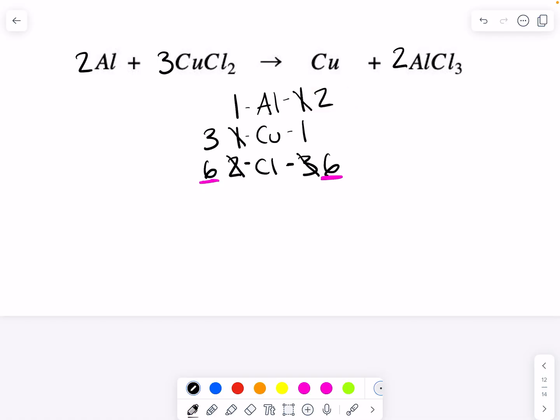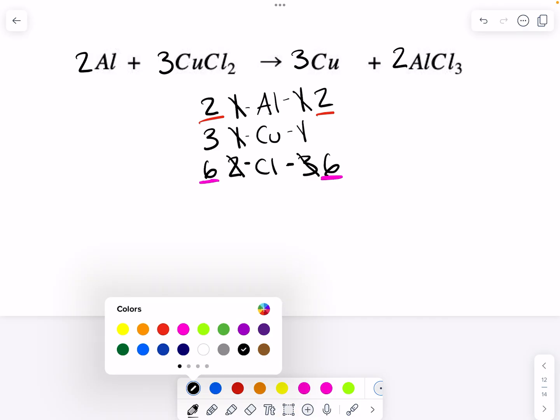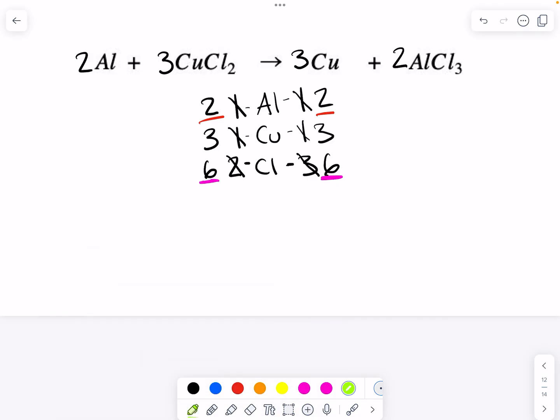If I just put a 2 here, since it's by itself, that is now fixed, 2 and 2. Let's fix our copper. There's 3 on the left, so let's put 3 here, because then that will change my score to 3. And now everyone is balanced, and I am done. This is our final balanced equation.